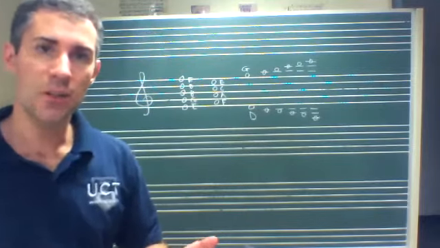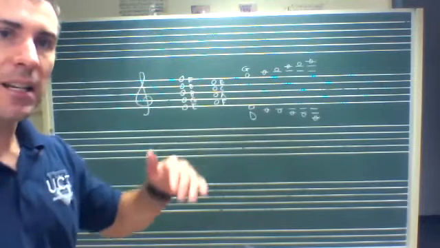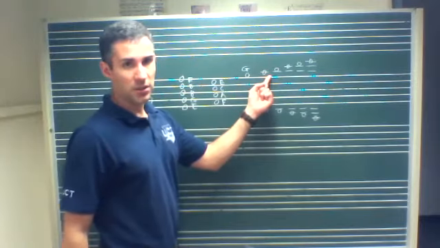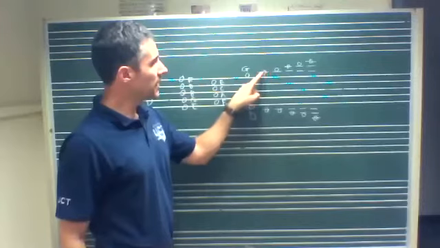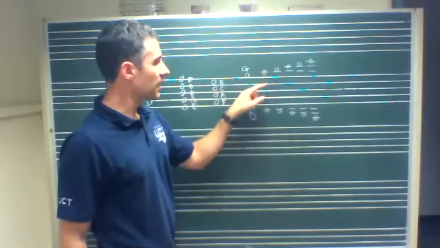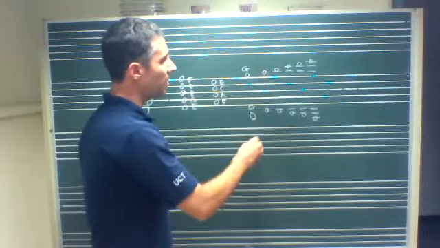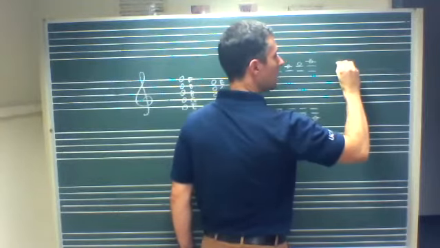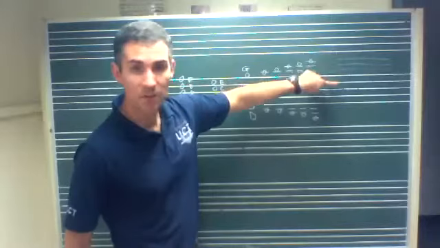Basically what ledger lines do is they just extend the stave a little bit longer. So if you look at this next note over here, you'll see that there is a little line here. That's just imagining that we are extending the stave and making it longer. Okay, so this is just above the stave there.